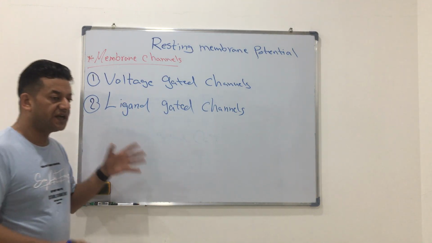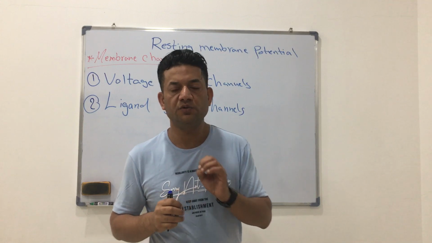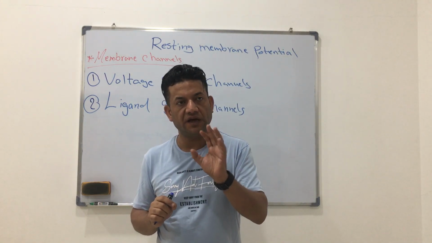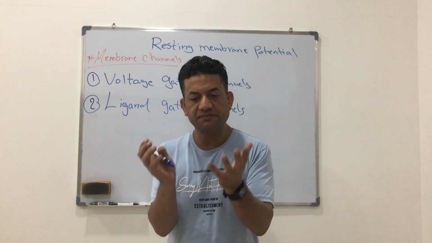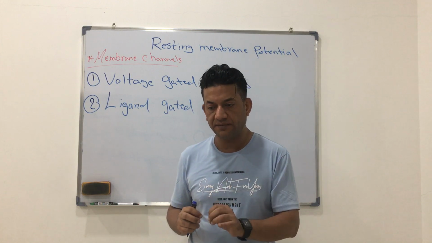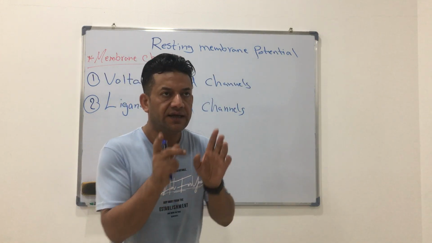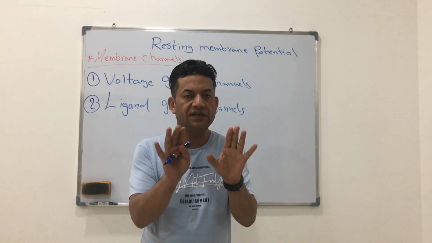This type of channels are opened and closed depending upon what? Depending upon binding of a specific ion or substance to a receptor, and this binding to the receptor will cause conformational changes in the receptor, leading to opening of the channel.